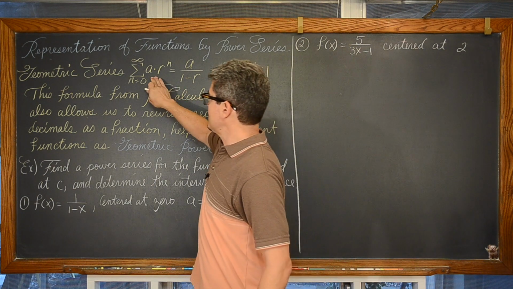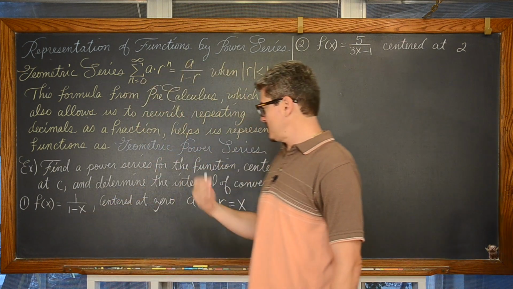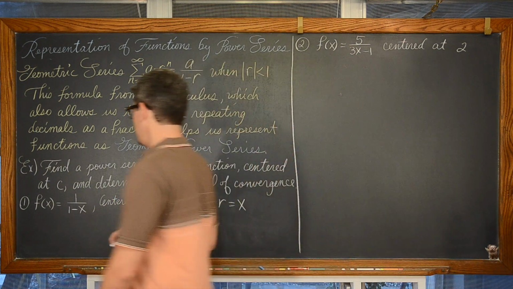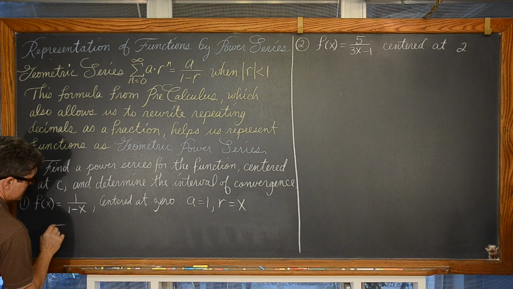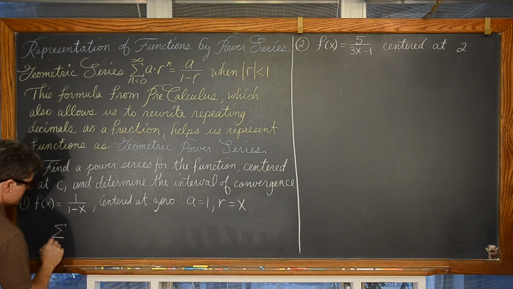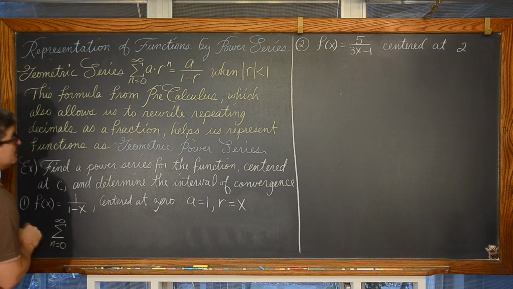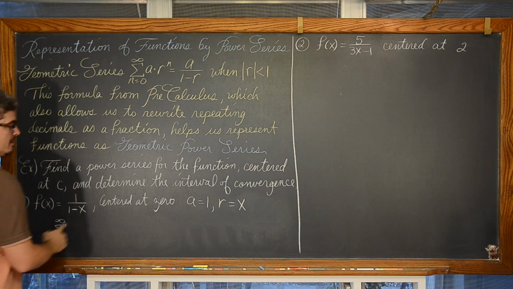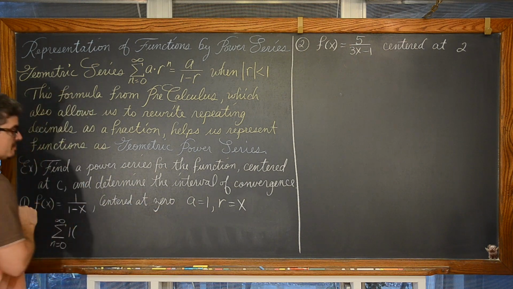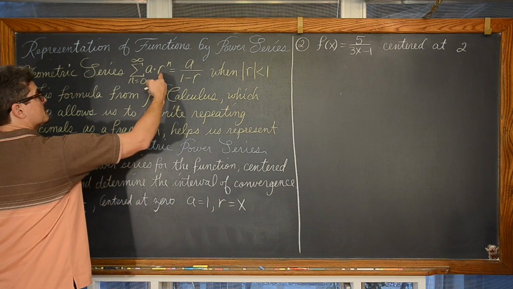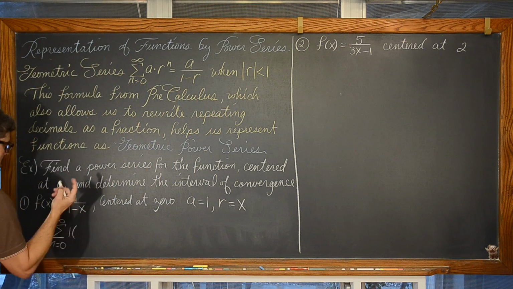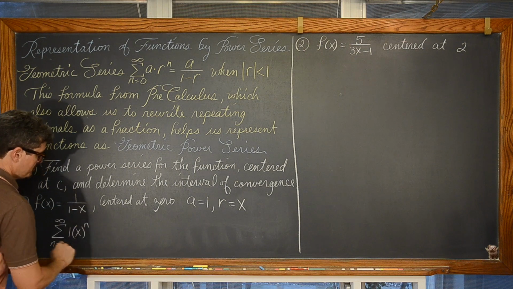Our geometric series that will represent this function centered around 0 is going to be the summation where n starts at 0 and goes to infinity of a, which is equal to 1, times our r value, x to the n power.